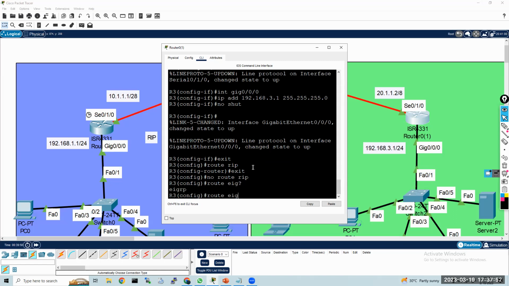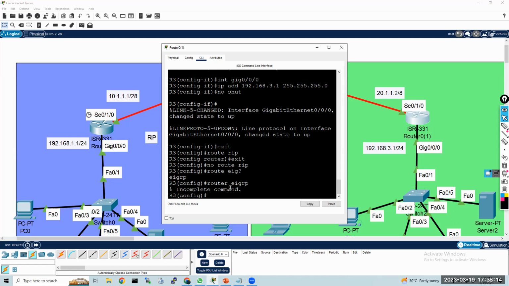That is router. You missed it, but the short form is okay. It will still get the command, but it's router EIGRP. That's the command. It should be router. It has to have an ASN, right? We need to. So router EIGRP, let's choose 100, just like in our example.